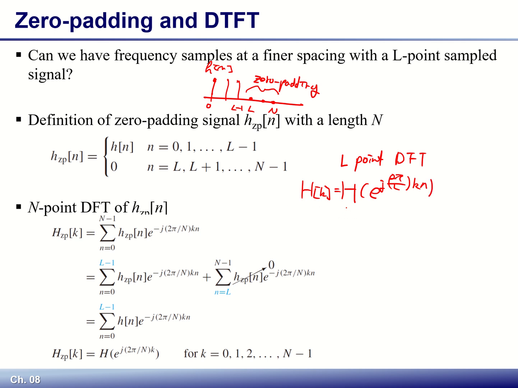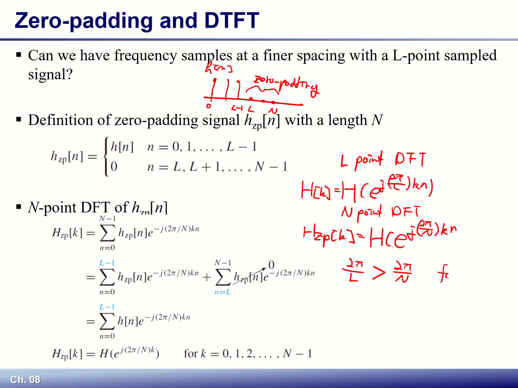In the case of an N-point DFT with zero padding, when you compare 2 pi over L and 2 pi over N, 2 pi over N is smaller than 2 pi over L because N is greater than L. Okay, so the spacing is finer.